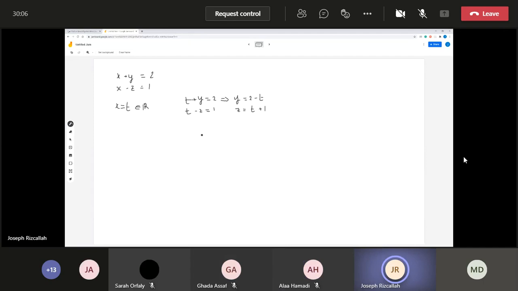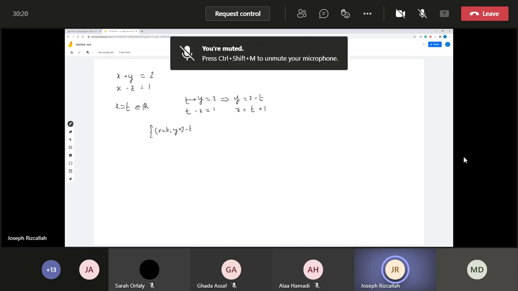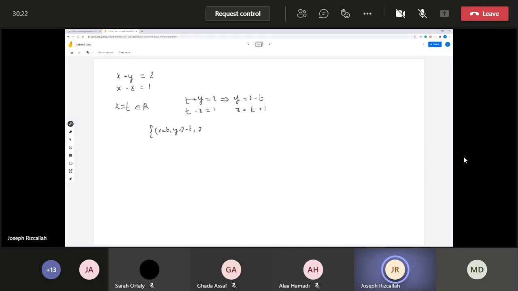Okay, so now what is the solution? The solution is the set of all triples. What are they? x equals t, y equals 2 minus t, sorry, I missed the equality sign here, and z is equal to t minus 1.